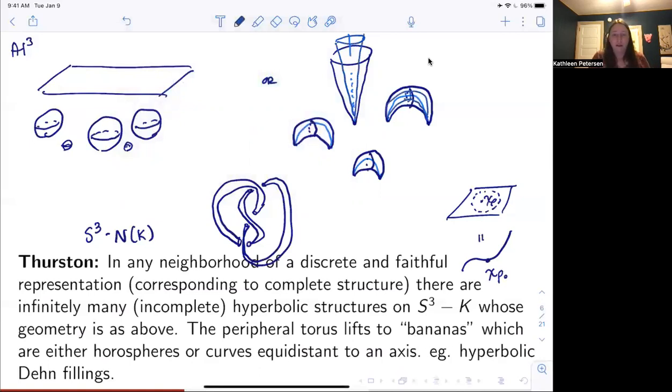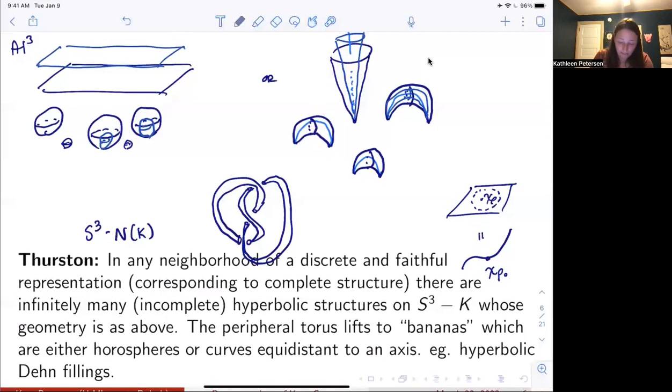And in the left-hand picture, if I shrink my neighborhood, what I'm going to get is just horospheres that are small. Okay, so for example, Thurston showed, again, this is the picture for an infinite number of points in this neighborhood here.